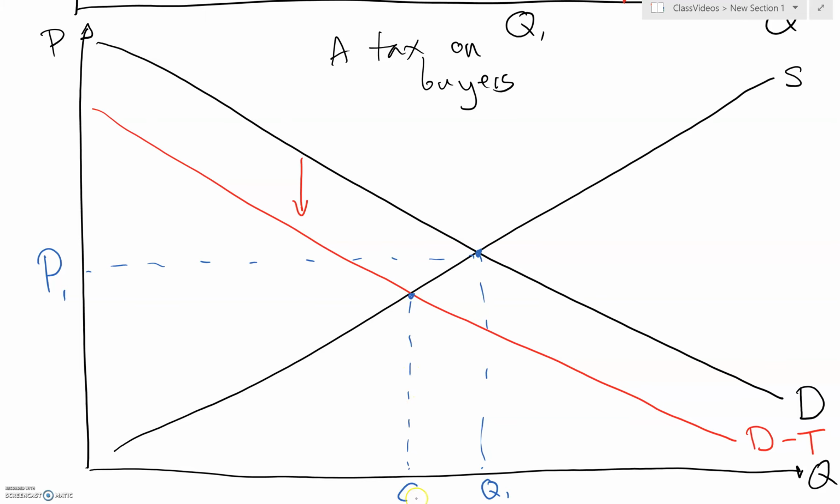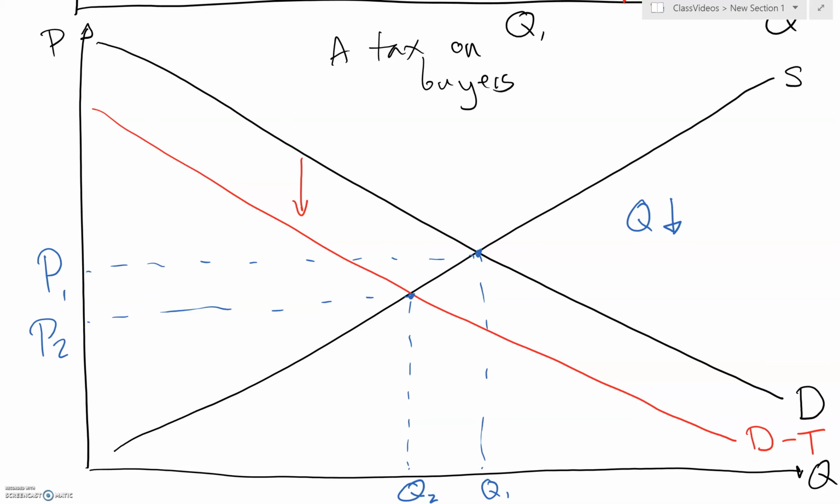So we've got our new Q2 and our P2. And so here we can see that quantity has gone down. This good has become less attractive to buyers. It now comes with an obligation to send money to the government, and, all else held equal, that's money that they don't have to spend on other things.